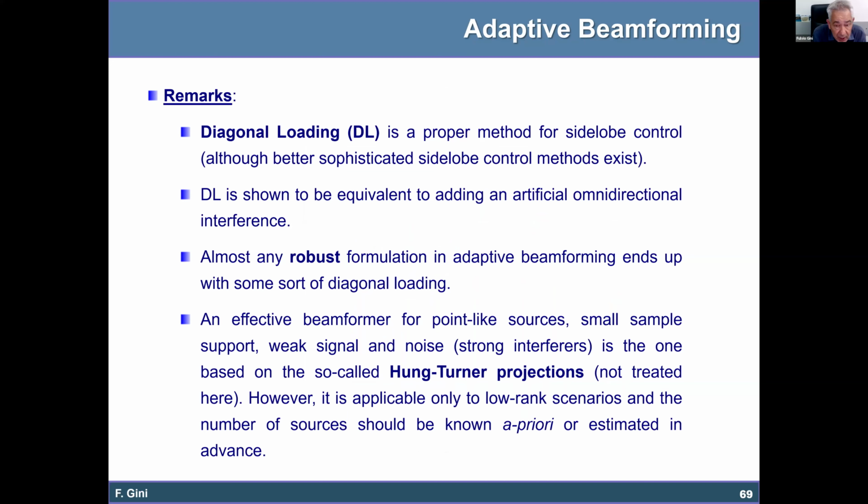Closing remark on this part. Diagonal loading is a very simple method, widely adopted in real radar, for side lobe control. There are other methods, but they are much more sophisticated. Diagonal loading is very simple and very robust.